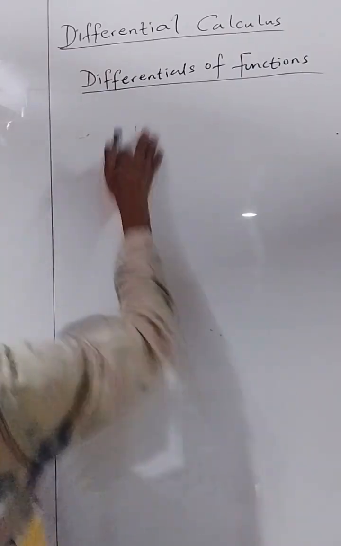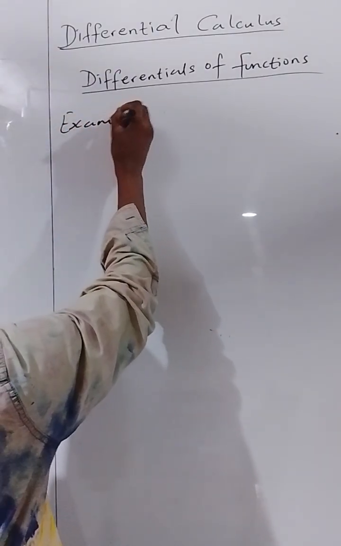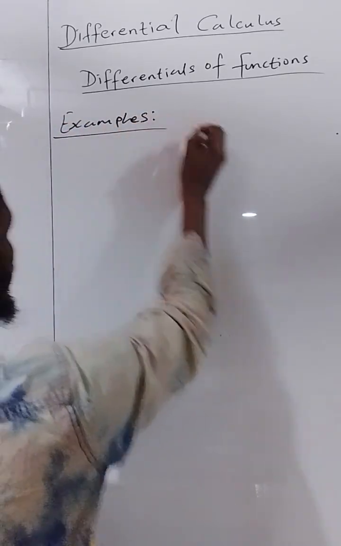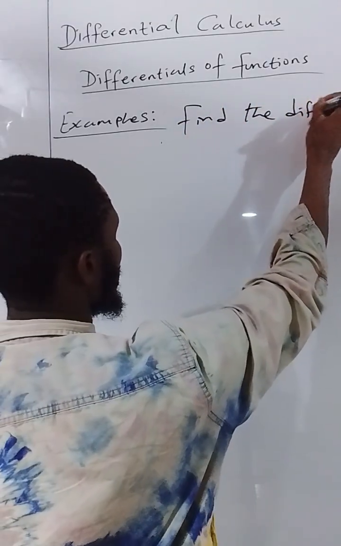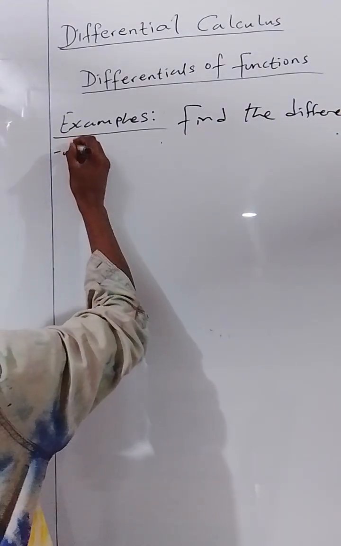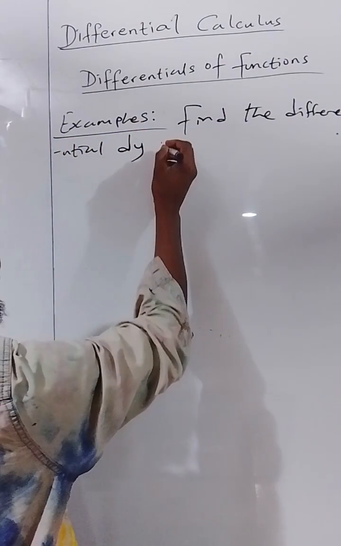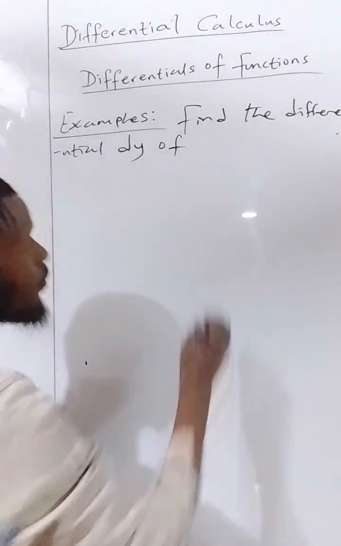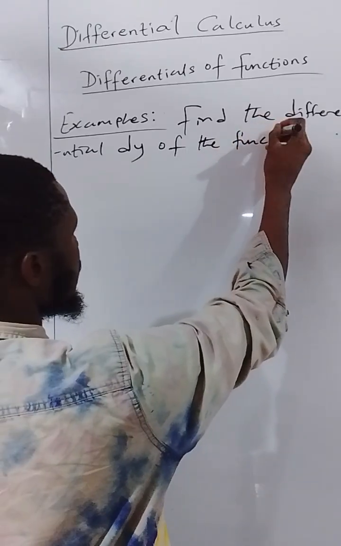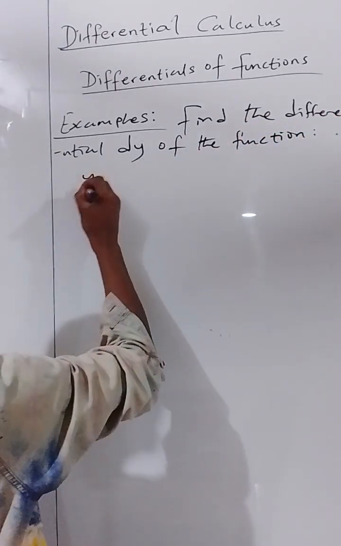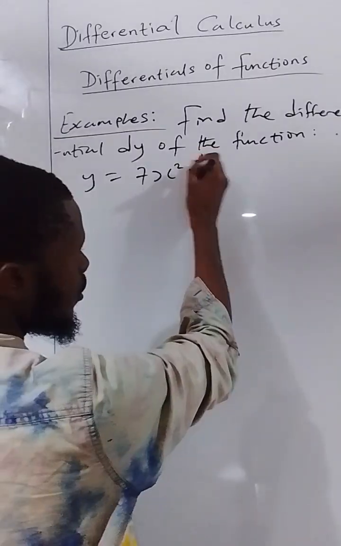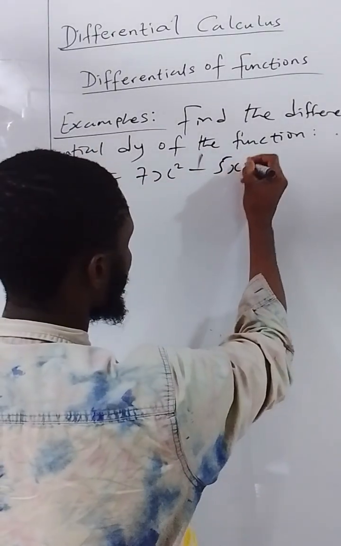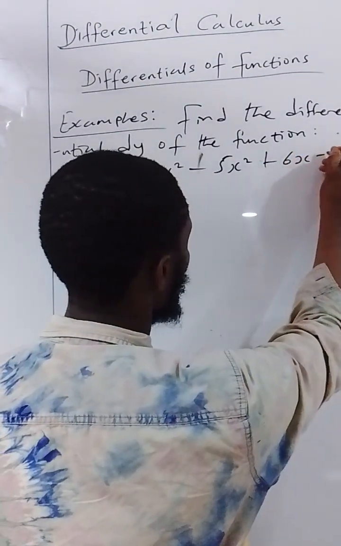Example: find the differential dy of the function y equals 7x squared minus 5x squared plus 6x minus 3. So we are asked to find the differential of this function.